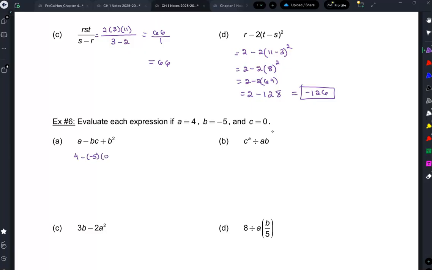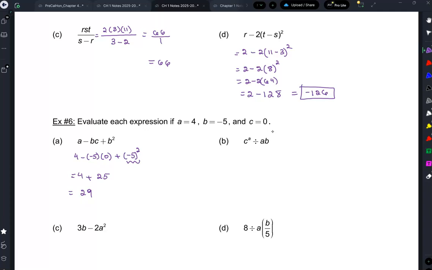Times C is 0 plus negative 5 in parentheses squared. So now look, this is 4 minus, what's negative 5 times 0? 0. So what's 4 minus 0? 4. So it just stays a 4 plus, what's negative 5 squared? Positive or negative 25? Oh, positive 25. So this is 29.